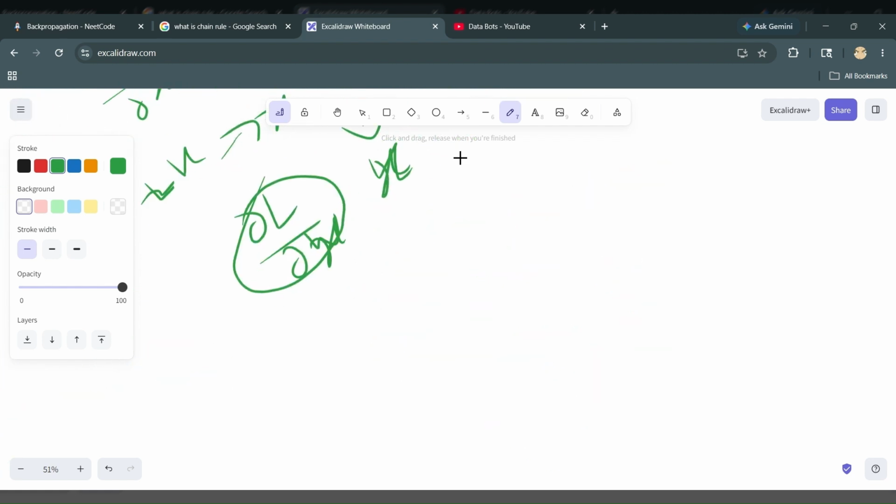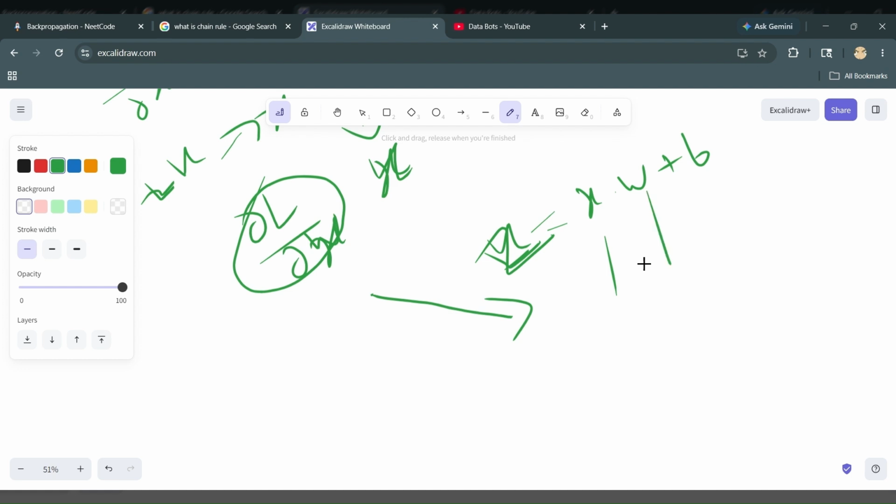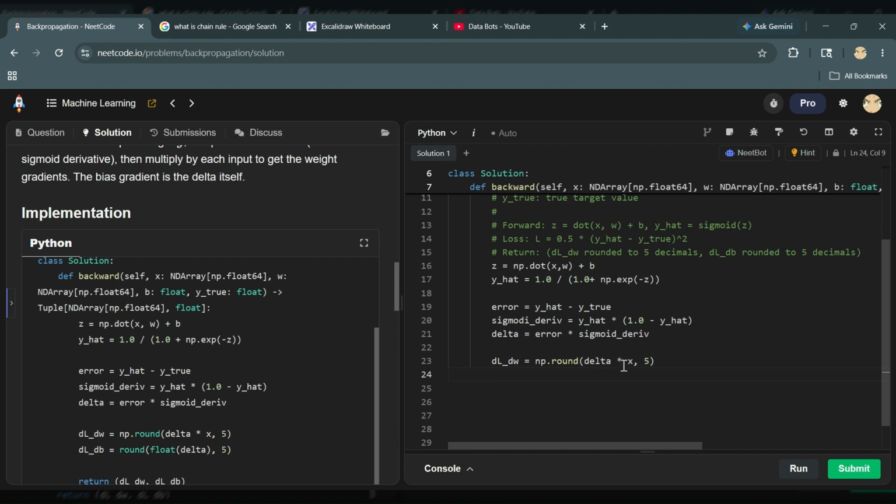And so we have this one, right? The z. But using the value we got, dL dw, we can only update the weights here, but we also need to update the bias. So for that, we'll calculate the bias gradient too.